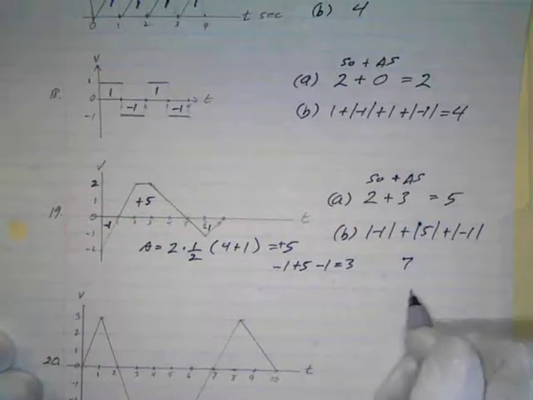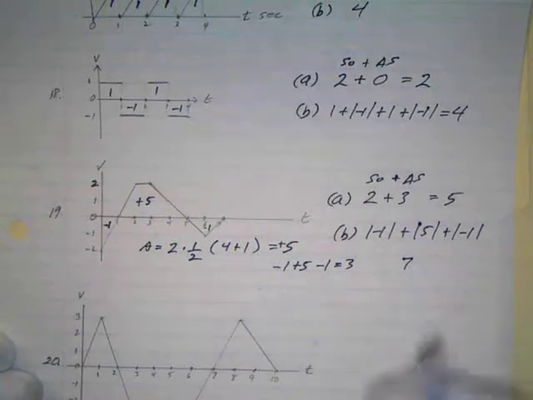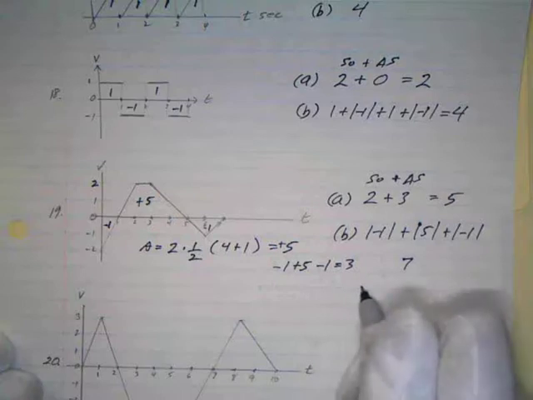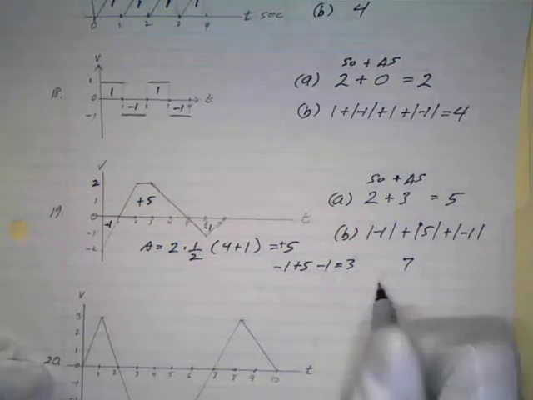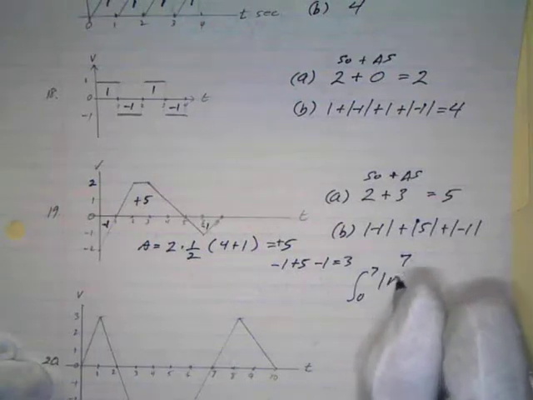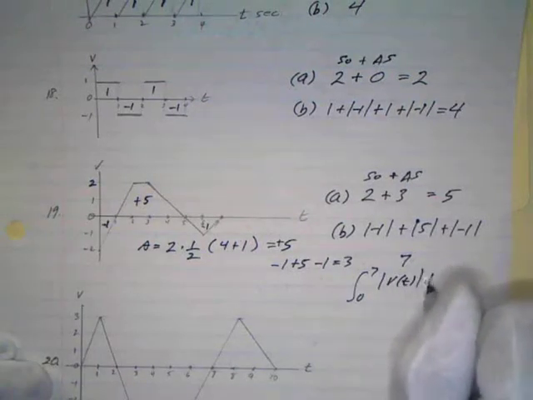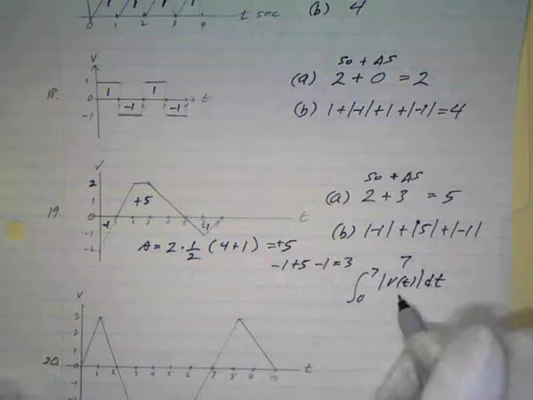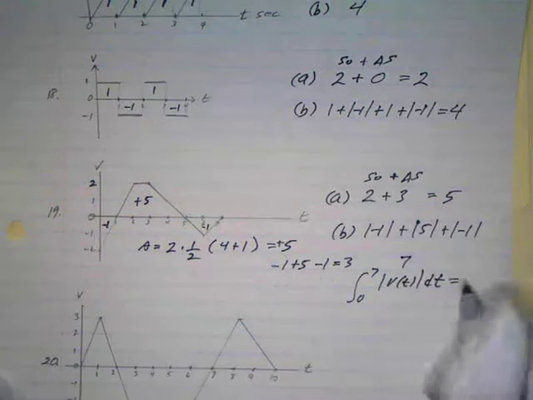So I traveled 7. Okay? And if you look at that, you could say that that's going to be the integral from 0 to 7 of the absolute value of v as a function of t dt, if we remember our formula. And that was equal to 7.